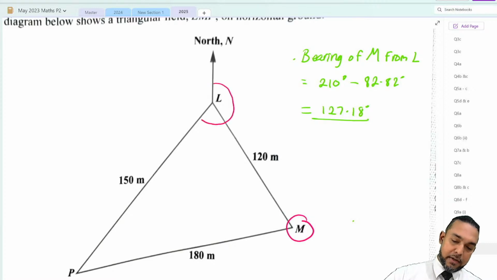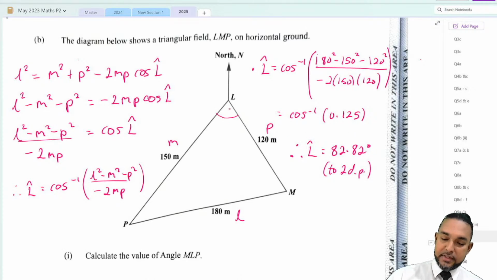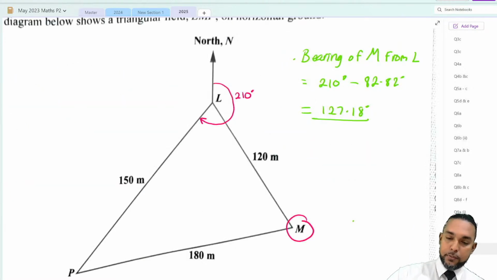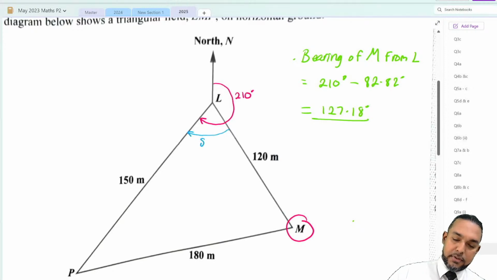So this whole angle here is the bearing of P from L, and that is 210 degrees. In the previous part of the question, we found this angle on the inside as 82.82 degrees, so we'll put that one in blue for now.